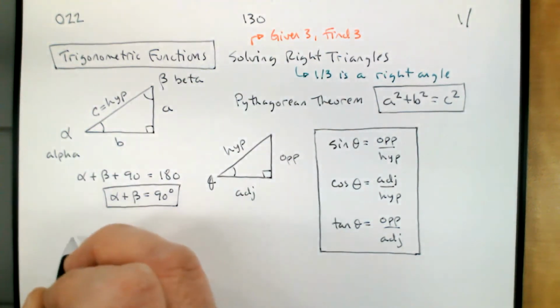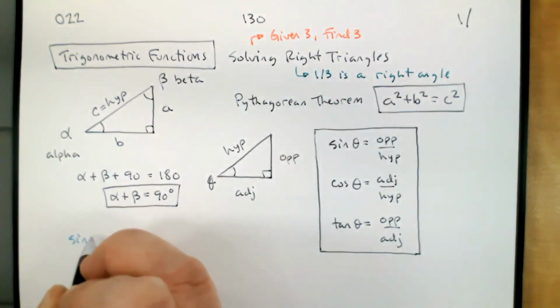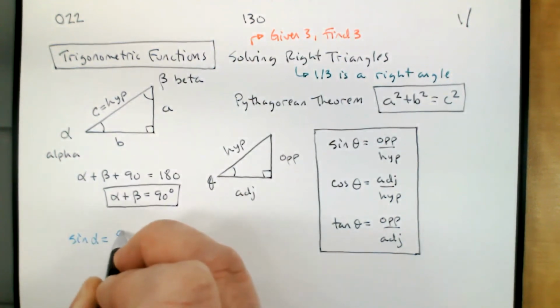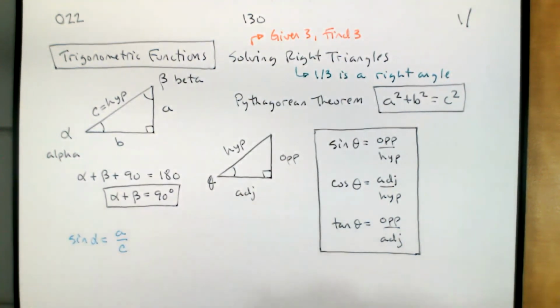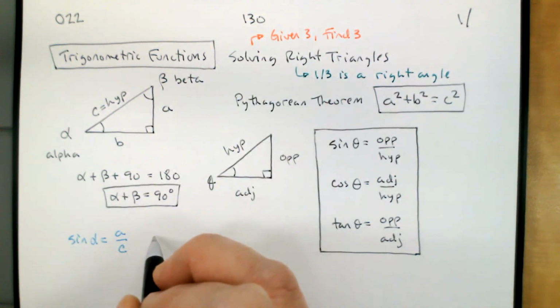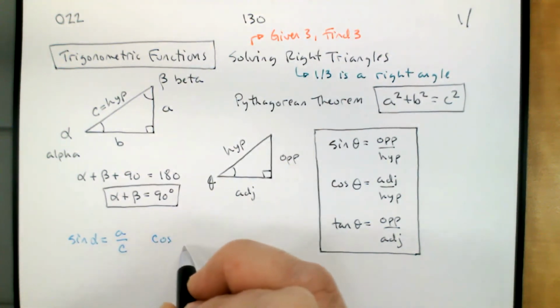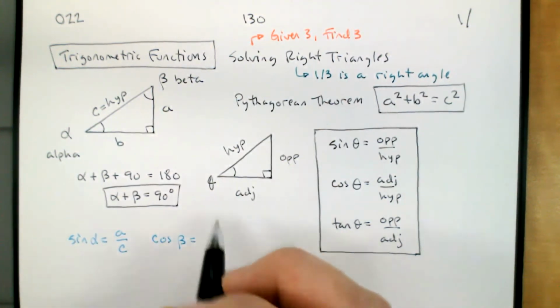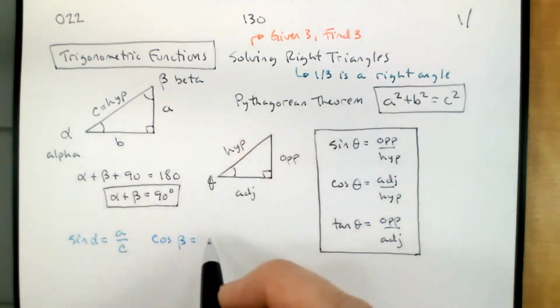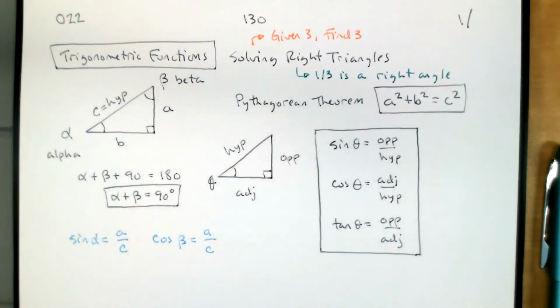So I could set up sine of alpha is opposite over hypotenuse, but I could also say cosine of beta is adjacent over hypotenuse. Notice that the sine of alpha and the cosine of beta are the same because A is opposite alpha and adjacent to beta.